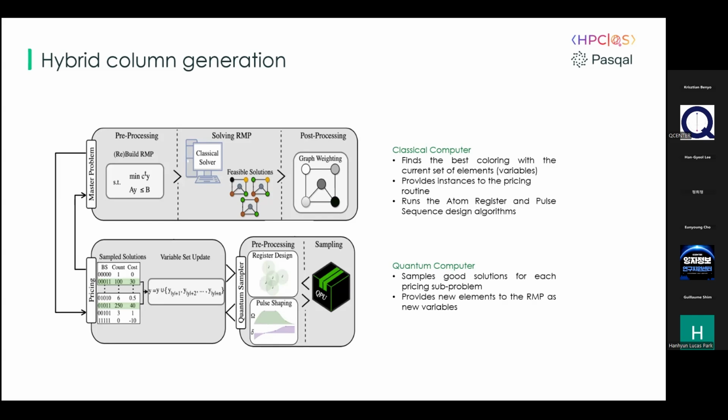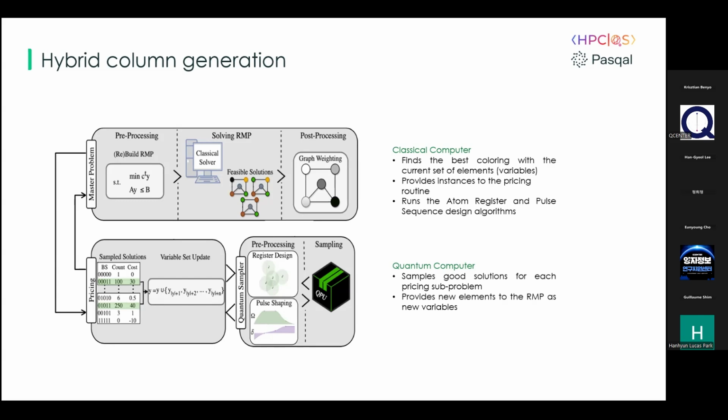So the master problem is tasked with finding a solution for the coloring problem, but in a very, very limited search space, in restricted types of potential solution candidates. This is typically something that can very easily be checked by classical computational resources because you are just solving some linear systems of equations behind the scenes.